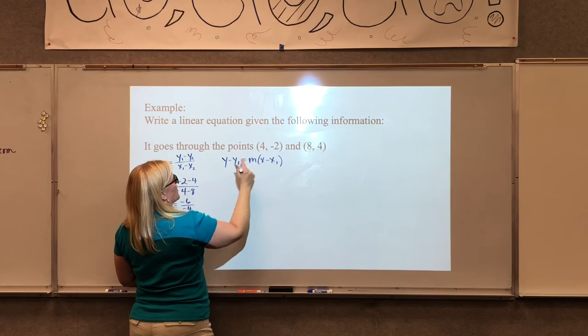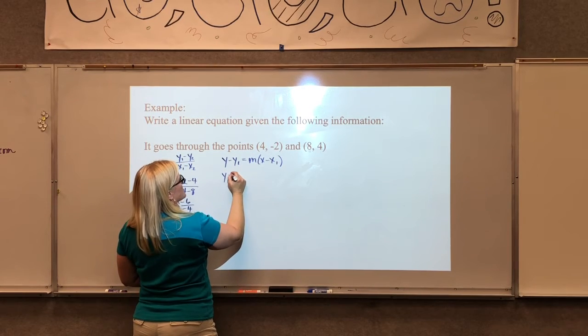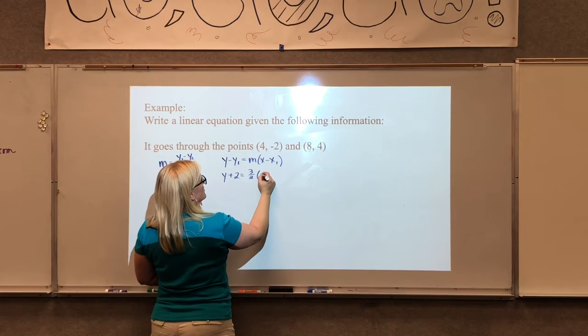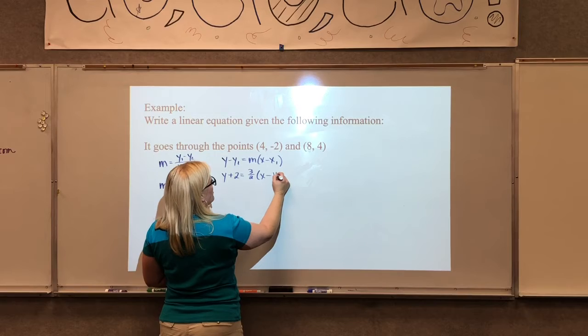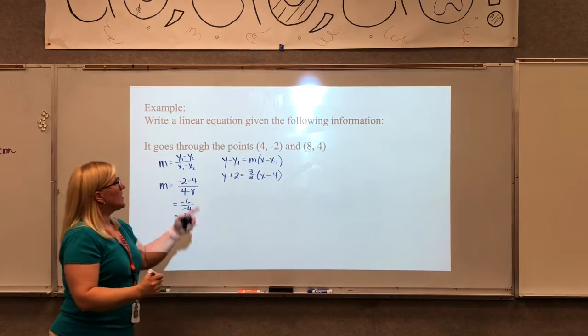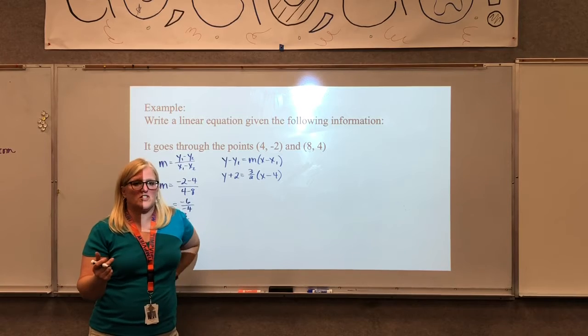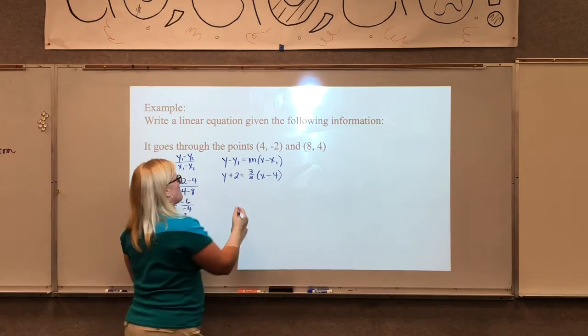So I'll use this one. I've got y minus a negative 2 equals 3 halves times x minus 4. It doesn't ask me to, but I'm going to put it in slope-intercept form because I want to show you something.